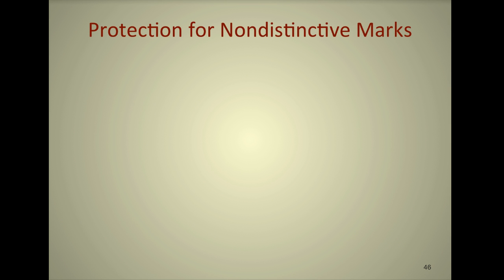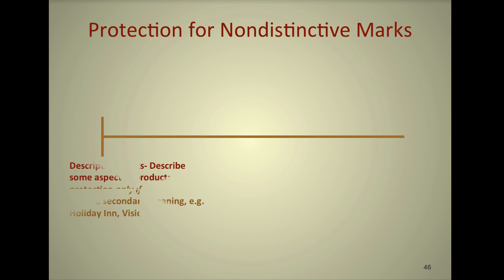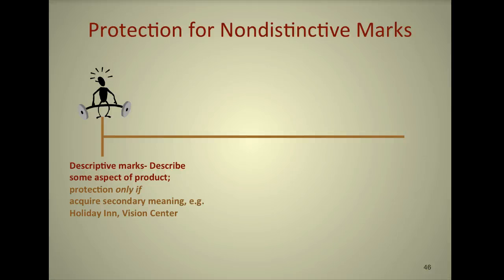Now, there are also non-distinctive marks, and non-distinctive marks, of all of them, get the least amount of protection. In the case of a descriptive mark, and I use the same image, the idea is that maybe you can get protection for it. It describes some aspect of the product, but the name has to acquire secondary meaning.